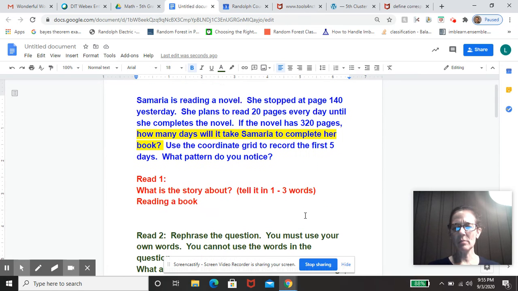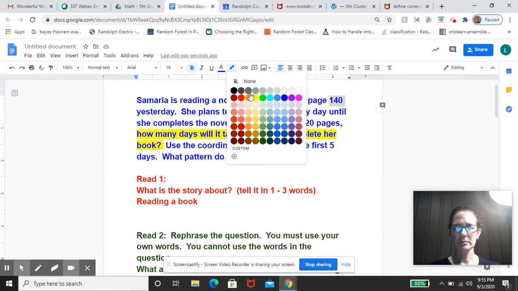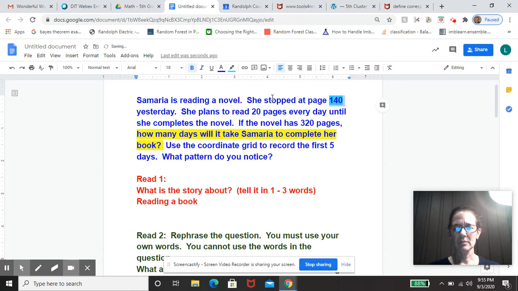So tell me what numbers you see in the problem. I see 140. So I'll highlight that one. I see 20.